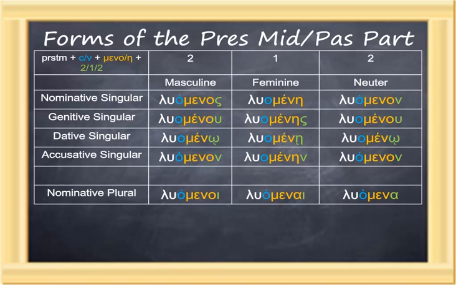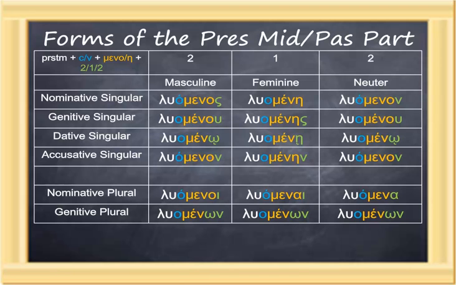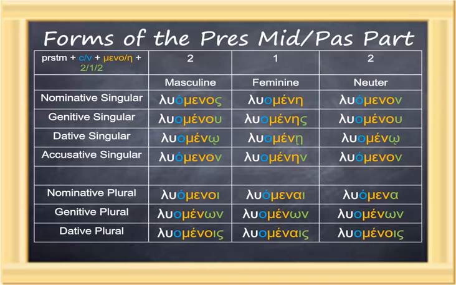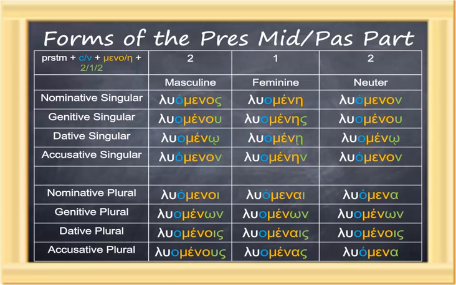The nominative plural: luomenoi, luomenai, luomena. The genitive plural: luomenōn, in all three genders. Dative plural: luomenois, luomenais, luomenois. And the accusative plural: luomenous, luomenas, luomena.